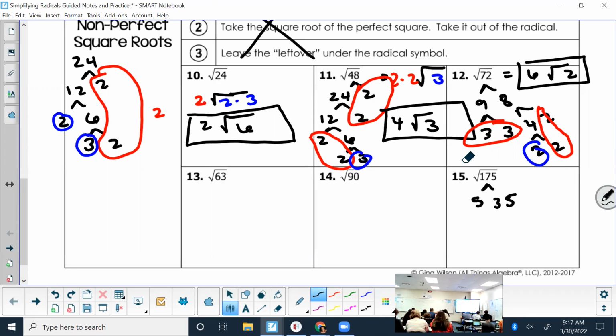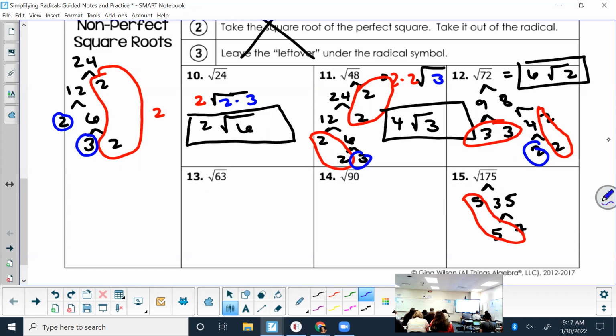All right, and you could have picked other numbers too, but that would be my thought process. And then keep going. So 35 is not prime. What does 35 break into? 5 and 7. And even if you have a different set of numbers that multiply to it, you should still have 2 5s and a 7 as your prime factors.